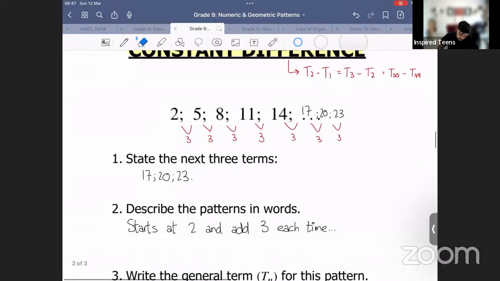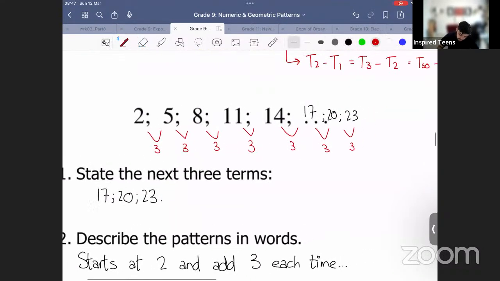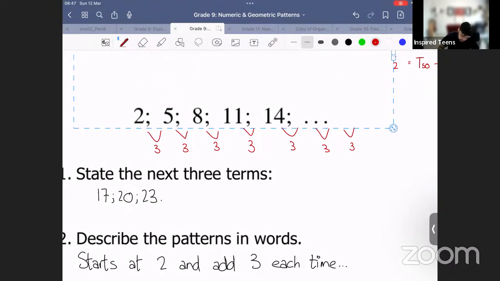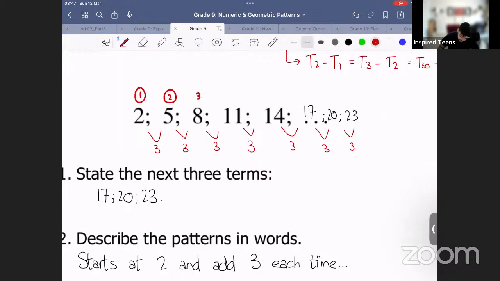So you're trying to say that for any number, if you substitute into your general equation, you'll get the term. So this is number 1, 2, 3, 4, 5. Hey, have you guys learned the formula? Because I know that some teachers don't teach the formula and then they expect you to.